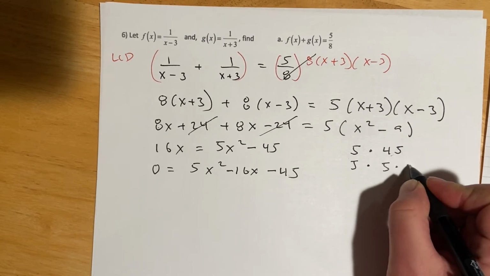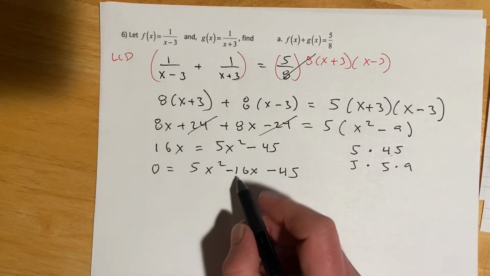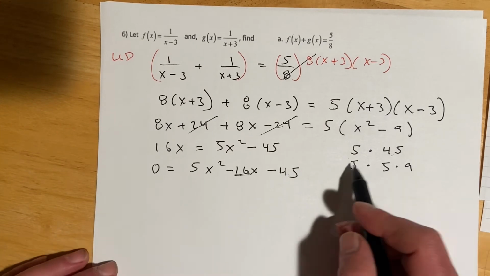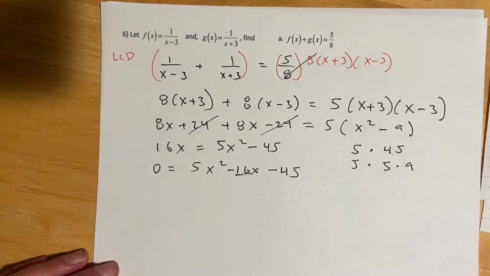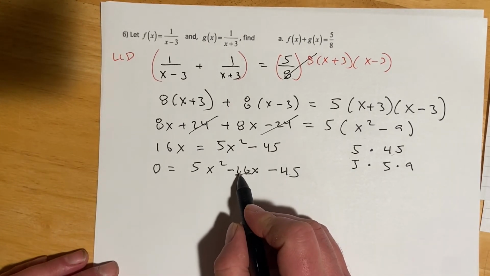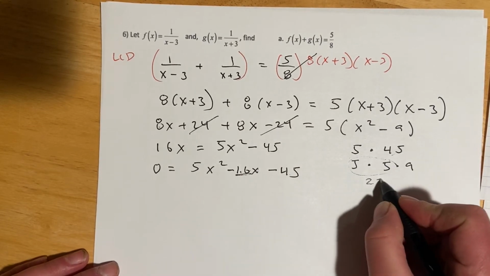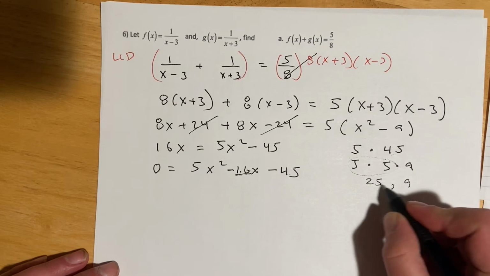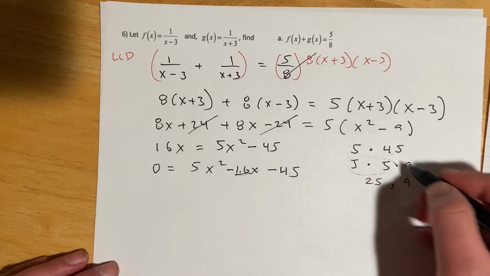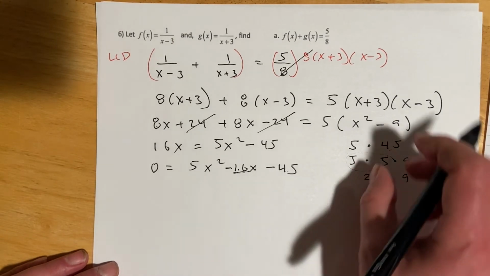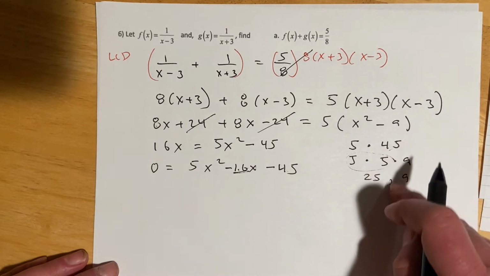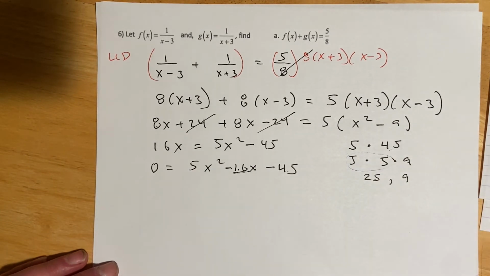So let's say 5 times 9, and then see if I can spot the numbers from something closer to the primes. If I'm looking for two numbers that are 16 apart, 25 right there, 5 times 5 would make 25, and 9, and those are 16 apart, and it's the same value as this 5 times 45. I just regroup the numbers. So that can be a nice way to spot it.